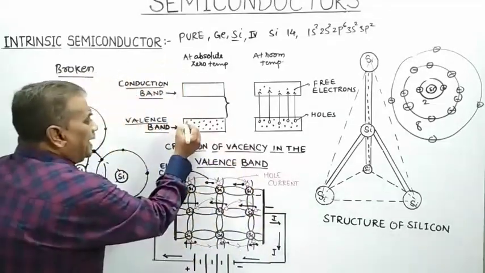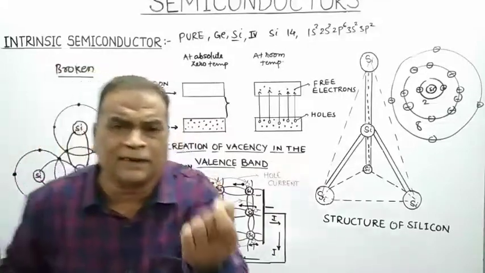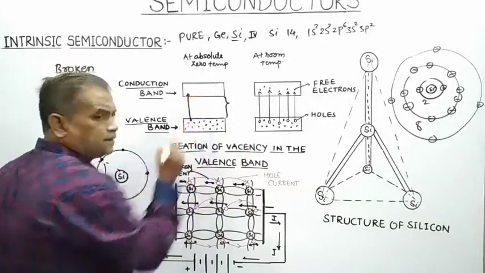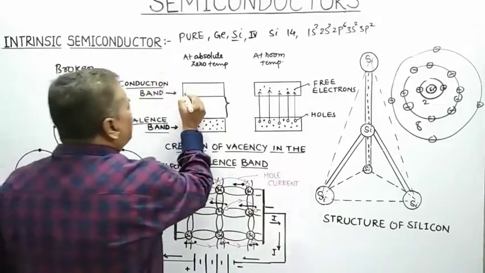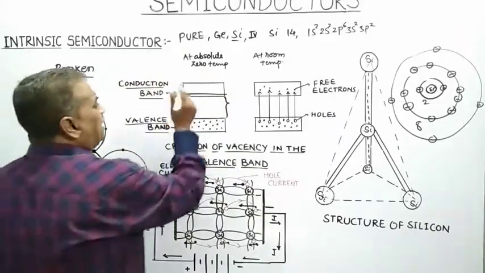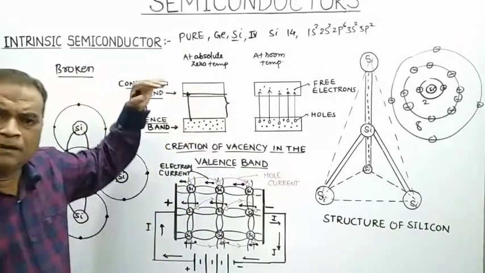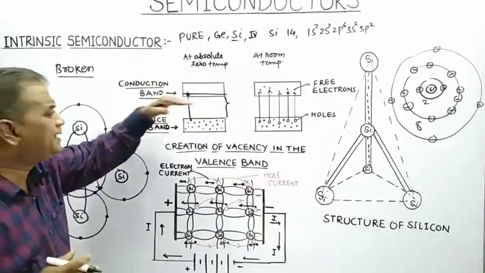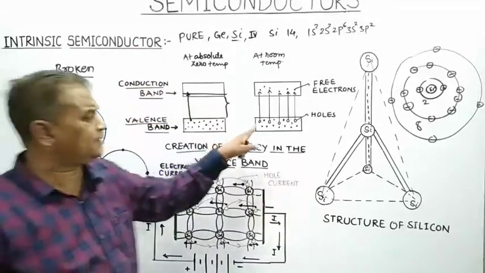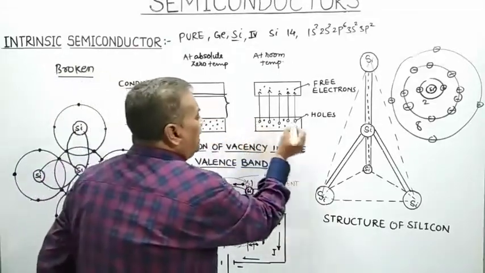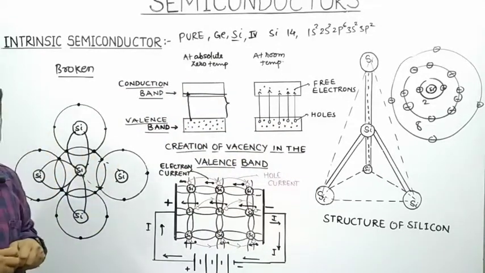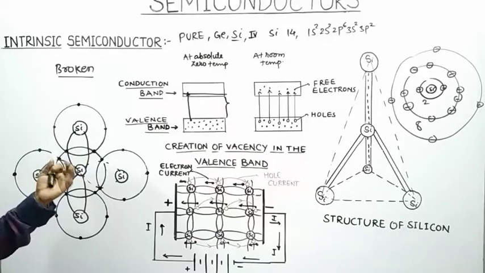And when electrons in the valence band receive the thermal energy, they will raise their energy to a higher energy level in the conduction band. It means this electron will enter into the conduction band and is now available for conduction of electricity. At room temperature, out of the strong covalent bonds, a few will be broken.